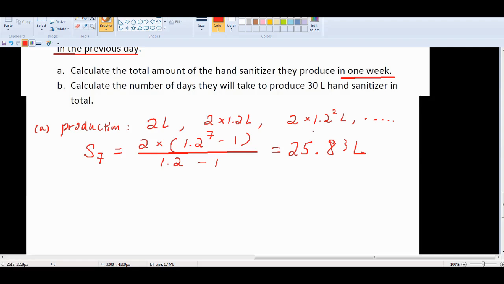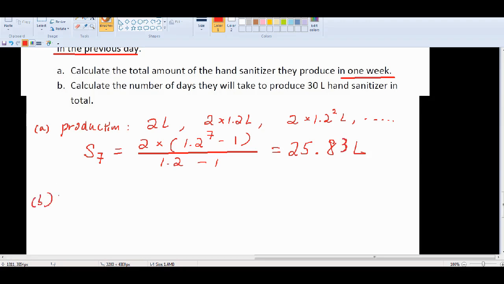And the third day is increased by another 1.2 times. So this looks perfectly like a geometric sequence. For the total amount in 1 week, there are 7 days, so that means S7. Then you put all the numbers into the formula and you get that number. If you get it, that's good.